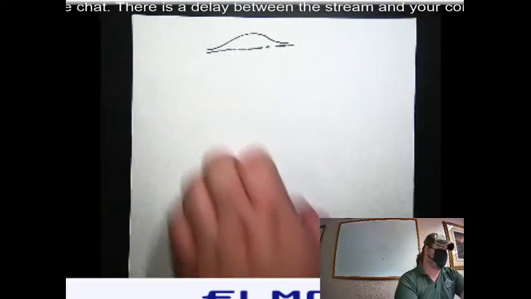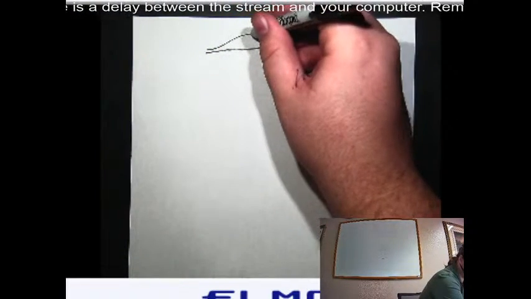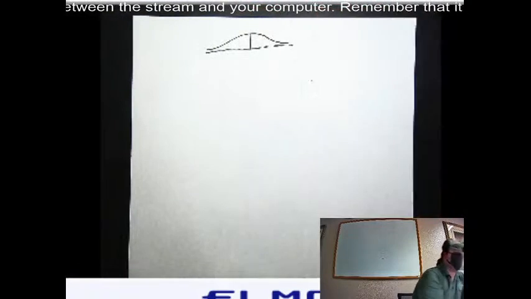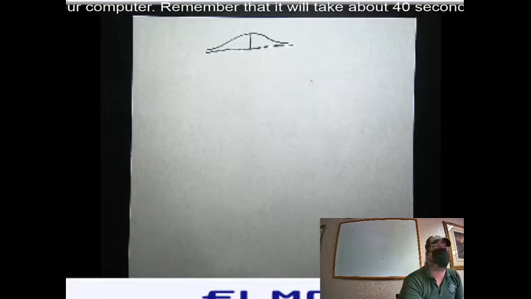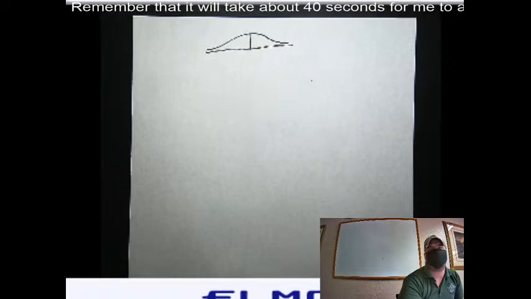Okay, so here in the middle, where this peak is, represents the data point that has the highest frequency, or in other words, the data point that occurs the most often.